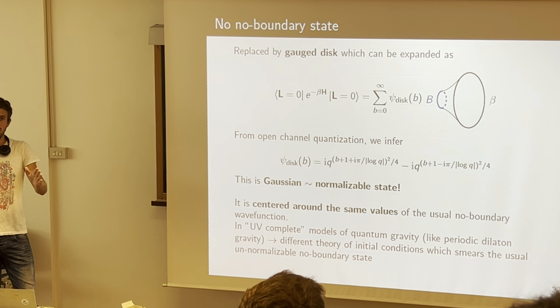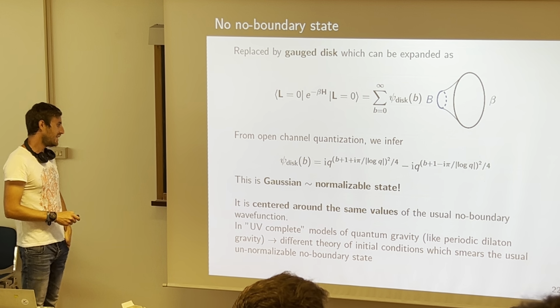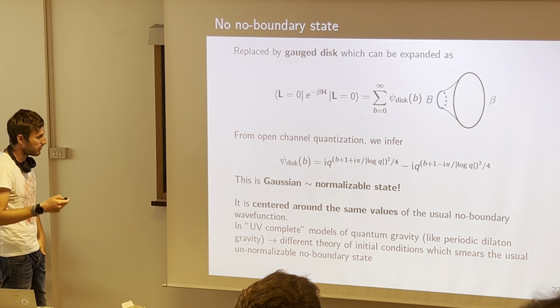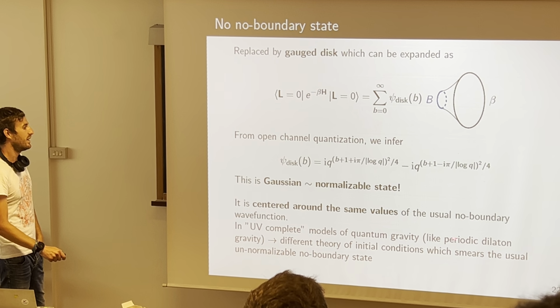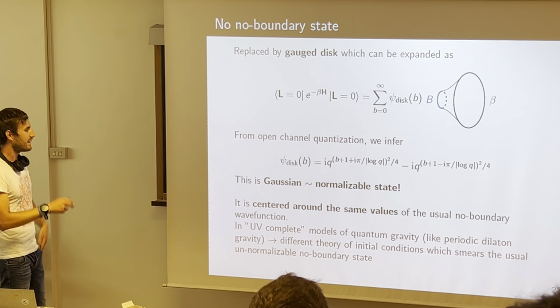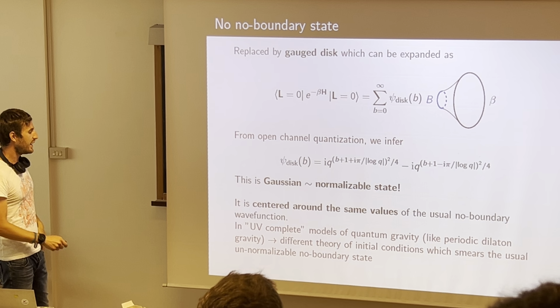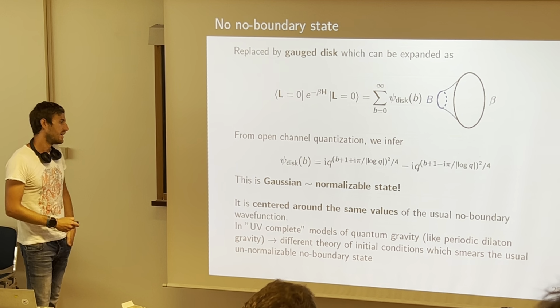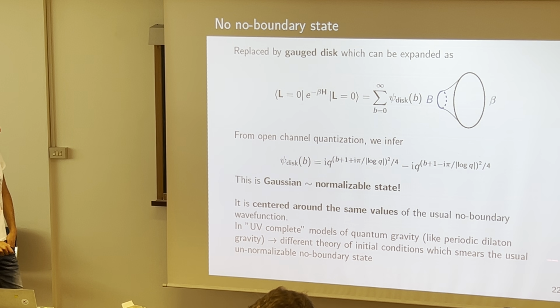function was located. So it's like saying that in some kind of UV complete models of quantum gravity, if we can call sine dilaton like that, or in general periodic dilaton gravity, like the duality with this TSSYK is in some sense telling us that we have to pick a different set of initial boundary conditions, which smear the usual no boundary state, which is a delta function and is non-normalizable, into a Gaussian, which is now normalizable.